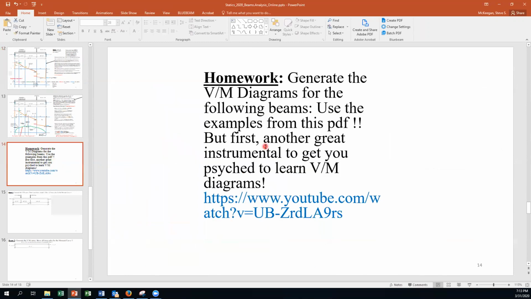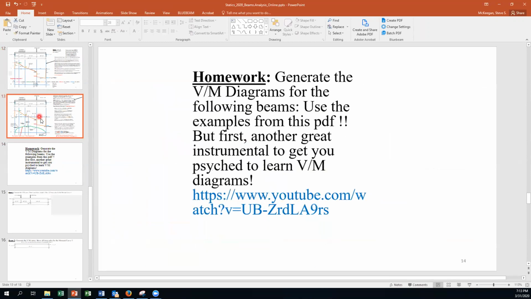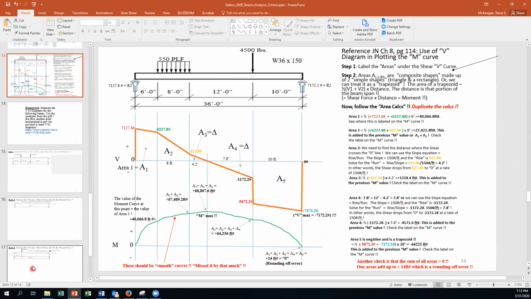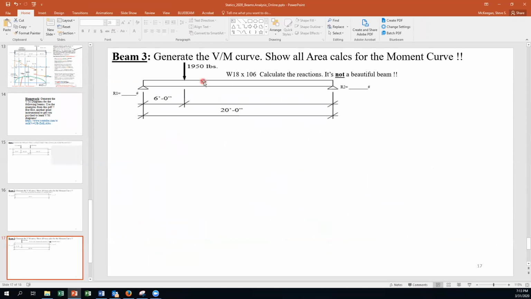So that gives you another instrumental. Oh, we forgot the moment curve. Now here's all of your areas. So off to the side on your piece of paper, you got to show me the area calcs. This will help you for beam number 3, right? Because beam number 3, we have a beam weight.